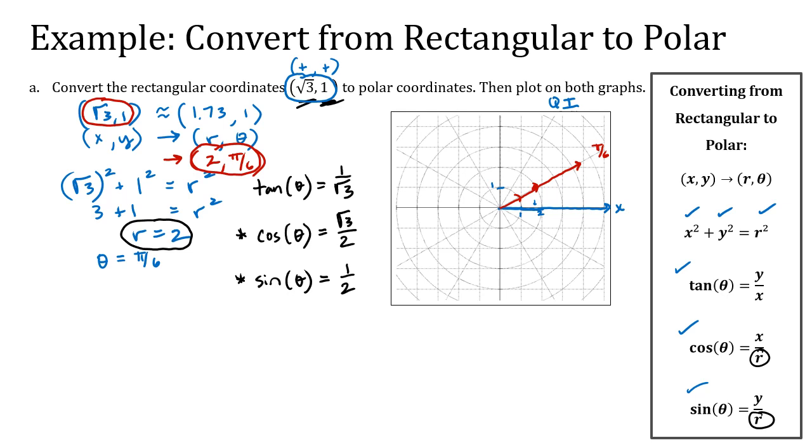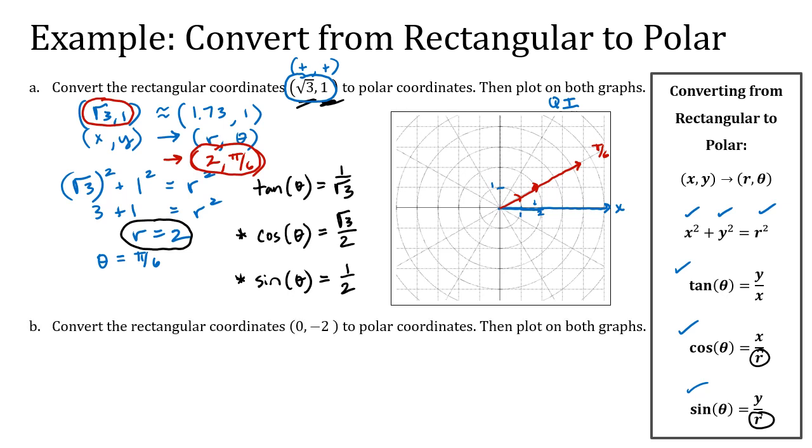Let's look at one more example. This one says to convert the rectangular coordinate 0, -2 to polar coordinates, then plot both on the graphs. Now, we can definitely go through the same process that we just did, where we are given some x value and some y value, and so we can do x squared plus y squared equals r squared, and then we can either use tangent, cosine, or sine to find theta.